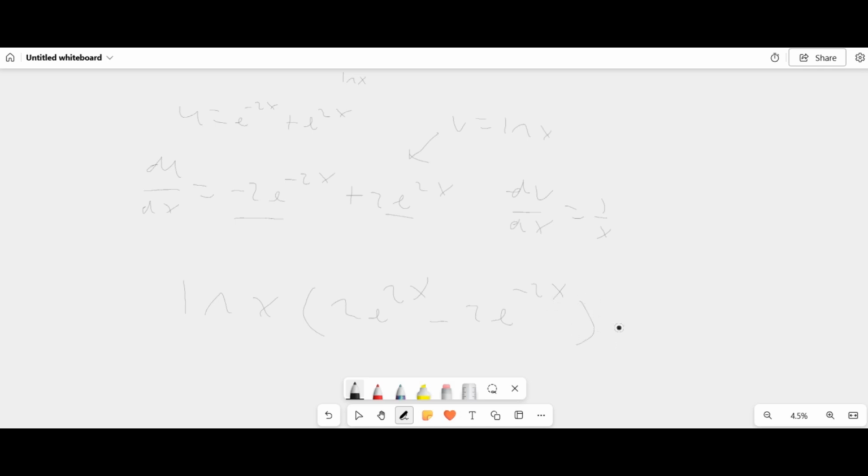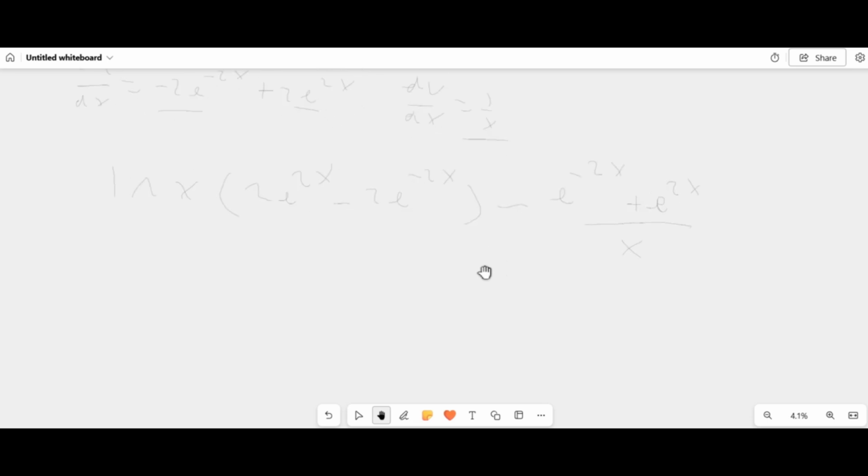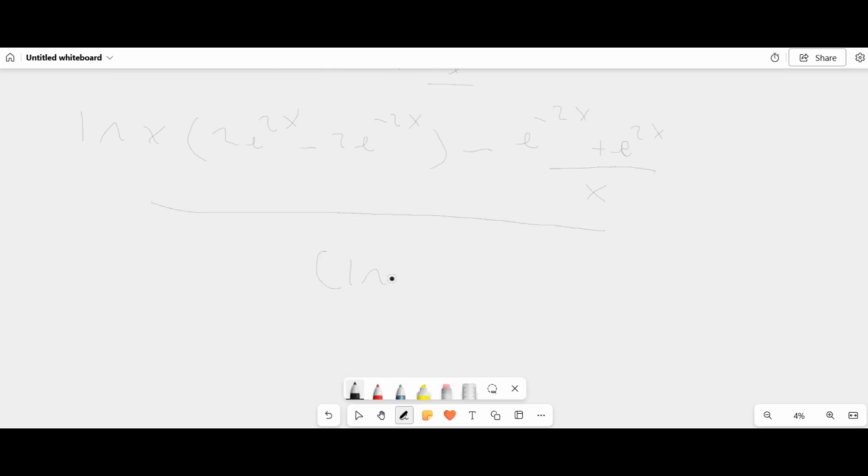And we're going to take away this times this, so that's going to be e to the power of minus 2x plus e to the power of 2x over x. Got that situation there. All of that is obviously over v squared, which is ln x squared. Okay, nice.